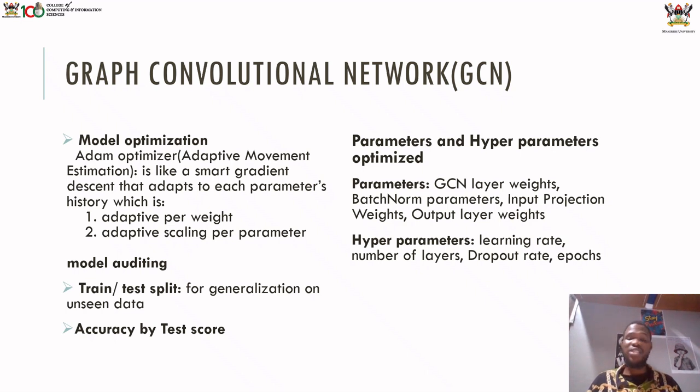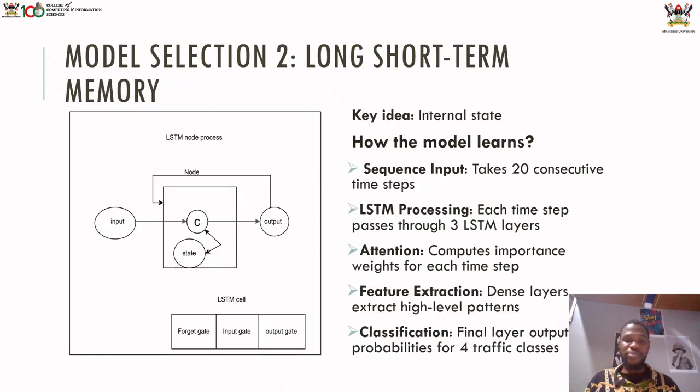So the learning rate is set by ourselves, but the GCN layer weight is determined as the model learns, right? And then the number of epochs, I talked about these. I set them myself, 300 epochs. That's the number of repetitions, the number of times the algorithm goes through the data set.